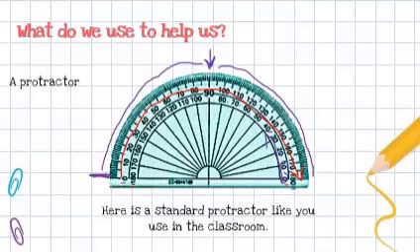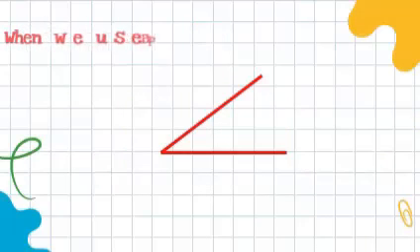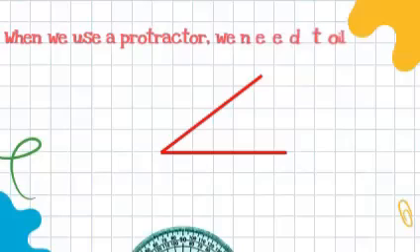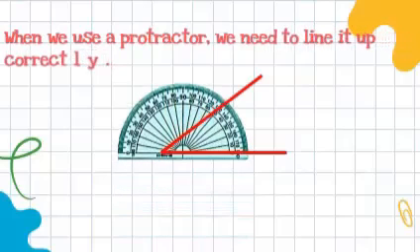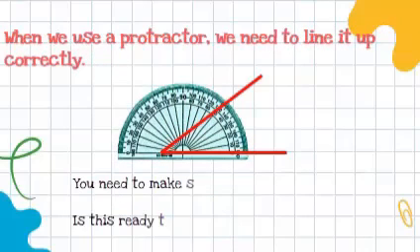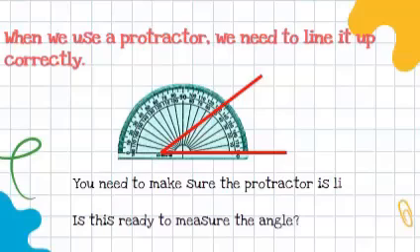We're going to take an example. When we use a protractor, we need to line it up correctly. Suppose you put the protractor like this. Is this ready to measure the angle? Think well.